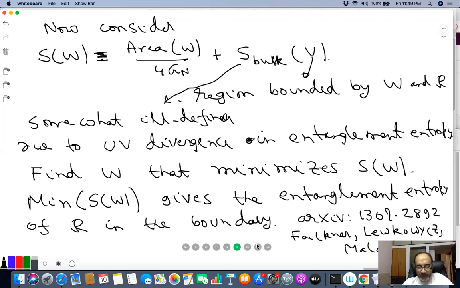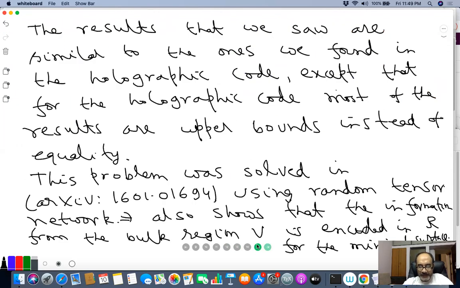So I think I'll stop here, and this is more or less the end point of this set of topics. Later on, I may give a few lectures on islands, but that will be independent of this. As far as this course is concerned, this is the end of this course. But the end doesn't mean that you should stop here, because these papers you should certainly try to read.